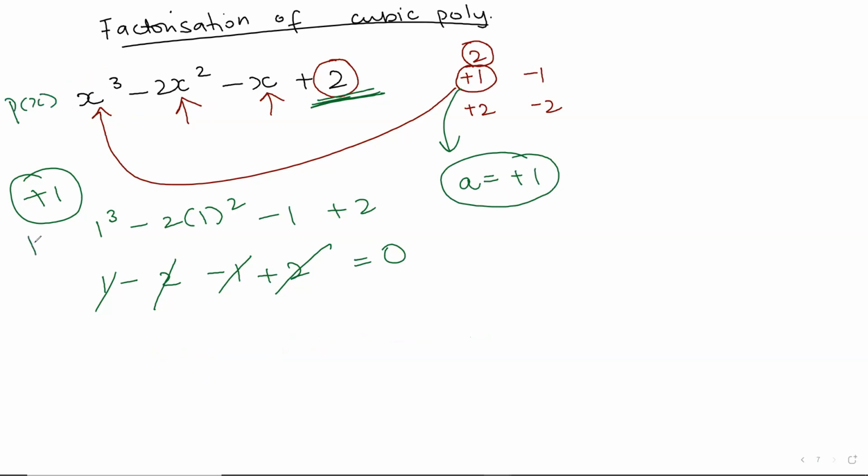What is p of a? P of 1, when I put 1 in place of x. When I put 1 in place of x, I'm getting 0. So p of a is 0. What does that mean, according to factor theorem? Anyone? Recall factor theorem.